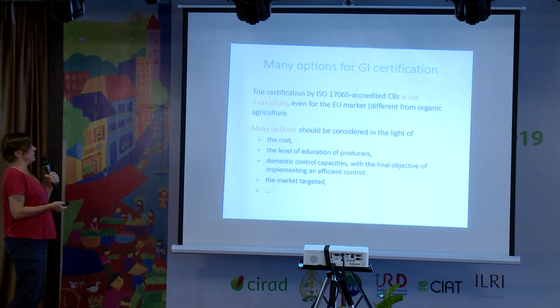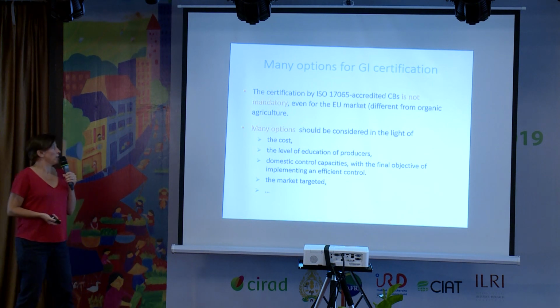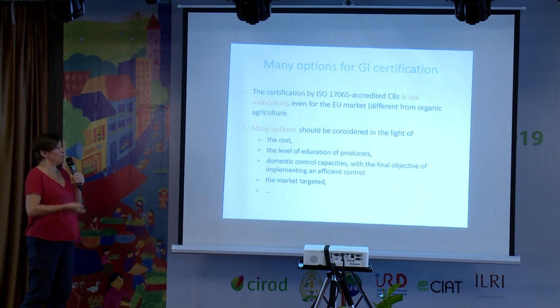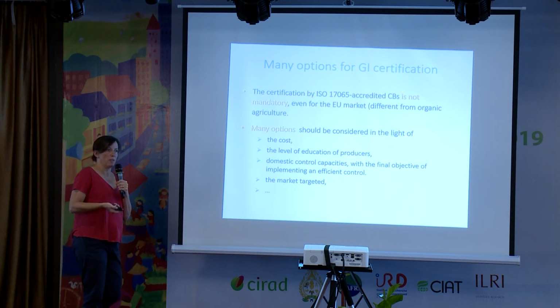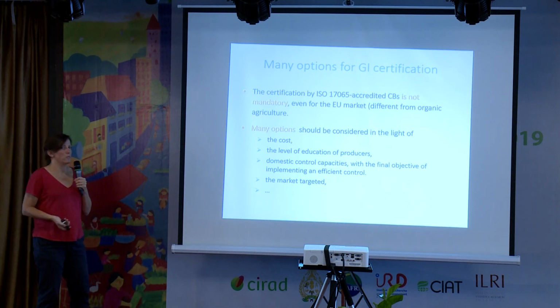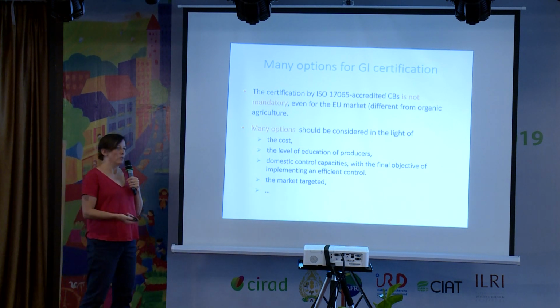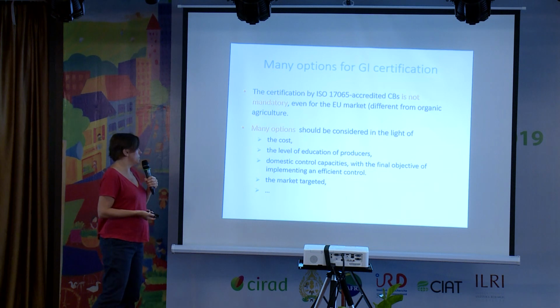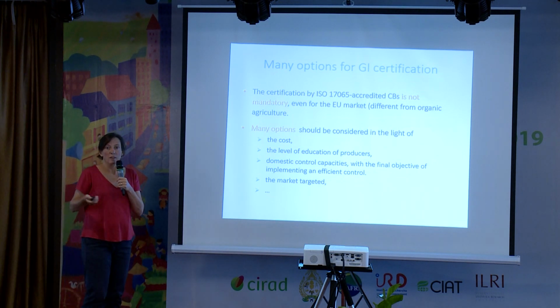For the EU market, it looks like third-party certification is not always mandatory for third countries. And the different options chosen by the countries have to be considered, of course, in light of the cost, the level of education of producers, the different ministries' domestic control capacities, and the market targeted, of course.